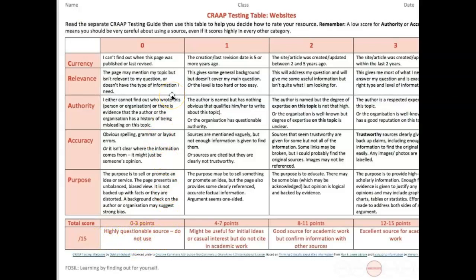Now, if you're reading, say, 20 or 30 sources, it's not practical to do this. However, if you were doing this for, say, up to 5 key sources, there's no reason why this particular sheet, the CRAAP sheet here, could be attached as an appendices to show just how detailed your critical analysis of the source was.